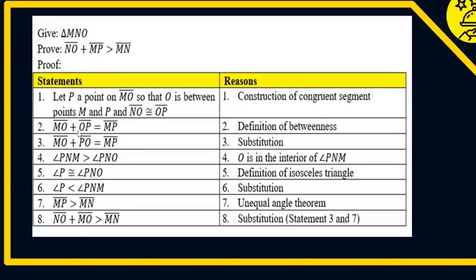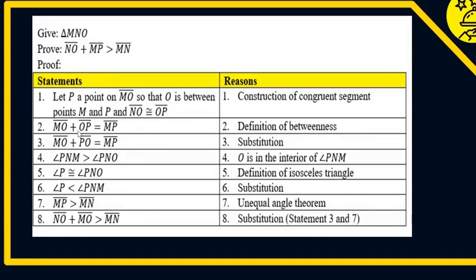Angle P is less than angle PNM by substitution. We have substituted that angle P is equal to angle PNO, and angle PNO is less than angle PNM. Therefore, angle P is less than angle PNM.